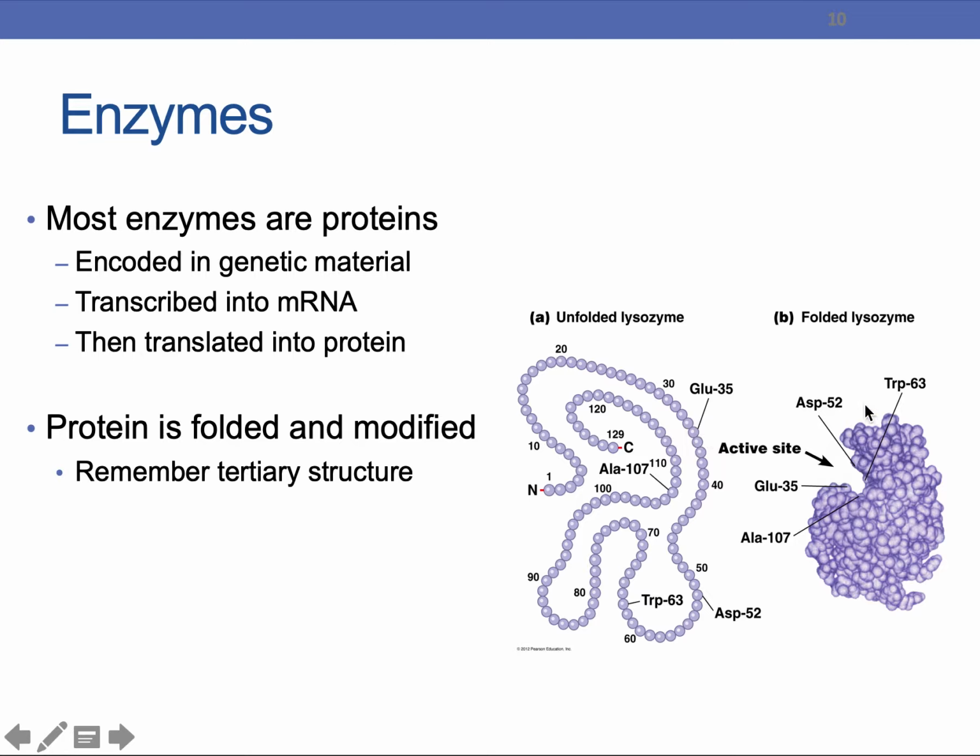Now, when all of them come together at the same time in the same area like this, then you have the active site formed. When it's not folded, look how dispersed they are. They're too far away from each other for them to form an active site, and thus this protein will not be functional unless it's folded correctly in this manner.